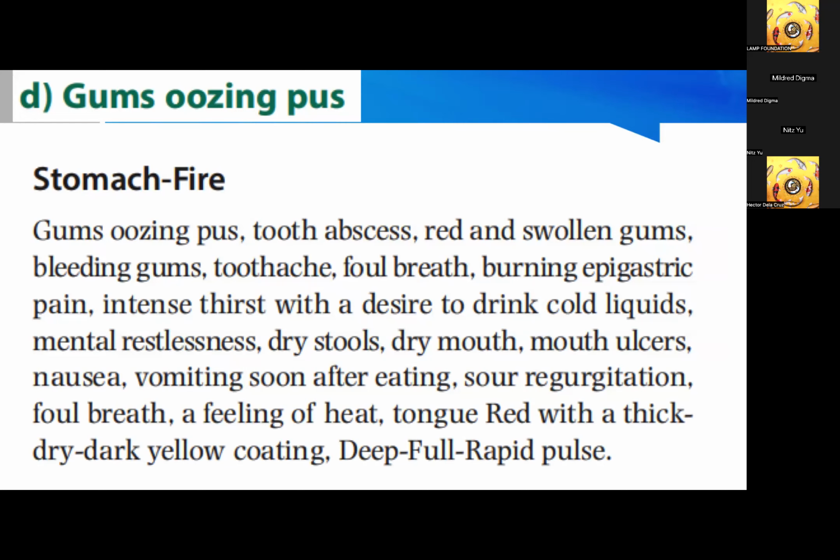Aside from that, there will also be tooth abscess, red and swollen gums, bleeding gums, toothache, foul breath, burning epigastric pain, intense thirst with a desire to drink cold liquids, mental restlessness, dry stools, dry mouth, mouth ulcers, nausea, vomiting soon after eating, sour regurgitation, foul breath, a feeling of heat. The tongue is red with a thick, dry, dark yellow coating, and the pulse is deep, full, and rapid.